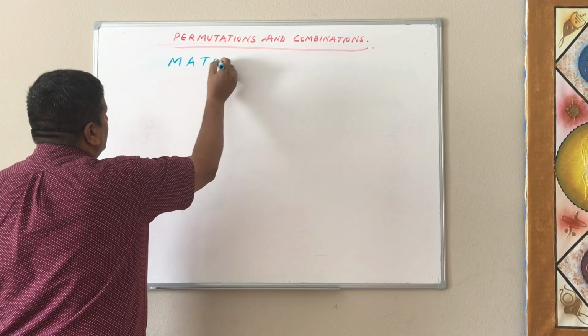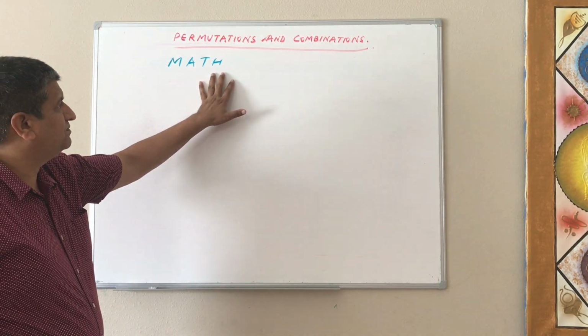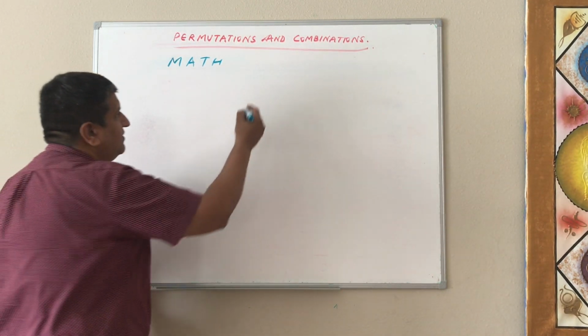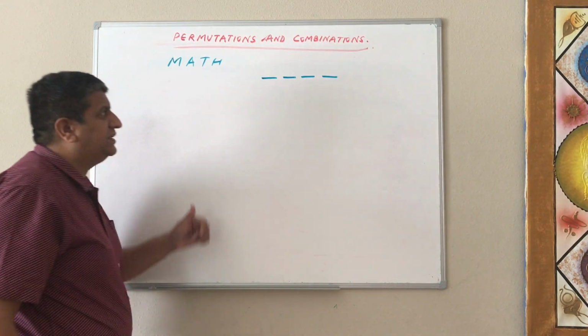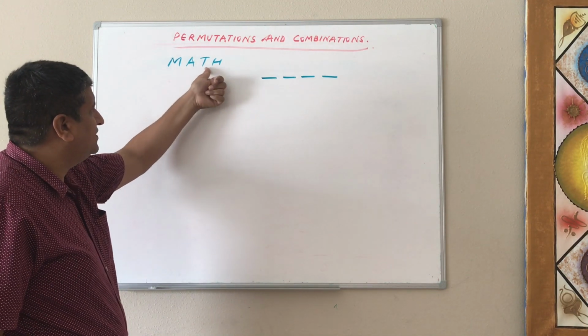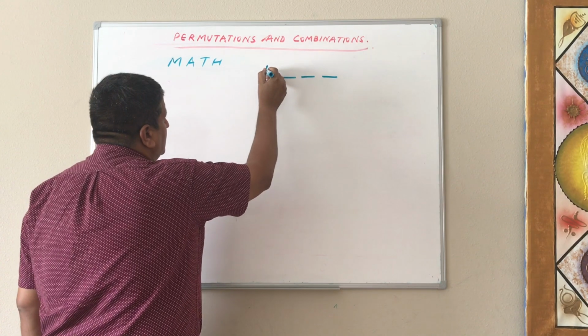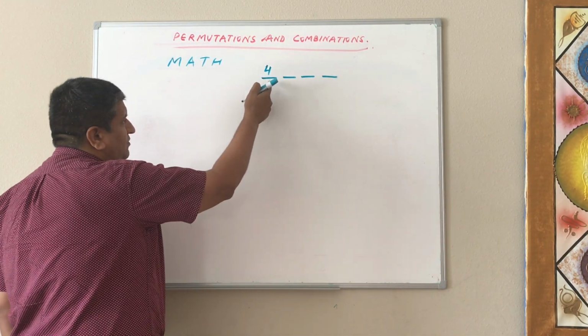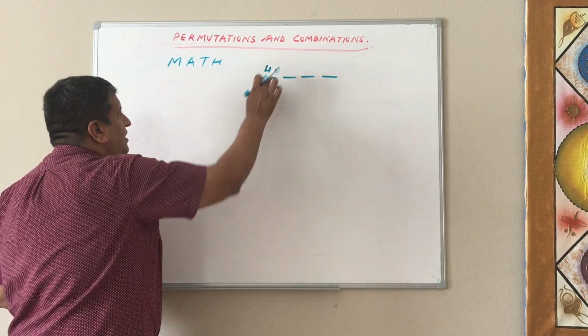Let's say I have a four-letter word, M-A-T-H. How many different ways can I arrange this word, even if the word does not make sense, but without repeating the letter? On the first spot, I can have any of these four letters: either M or A or T or H. So four spots for any of the four letters possible here.